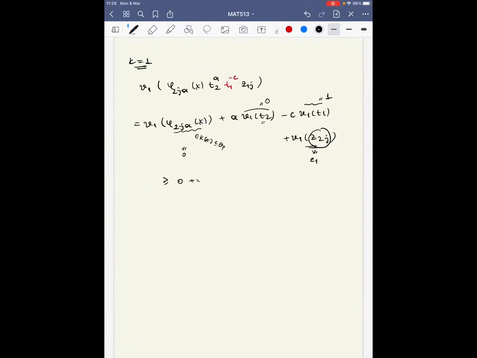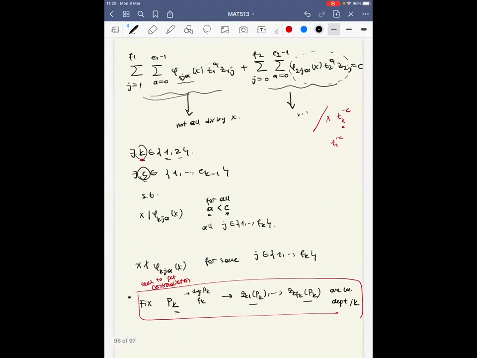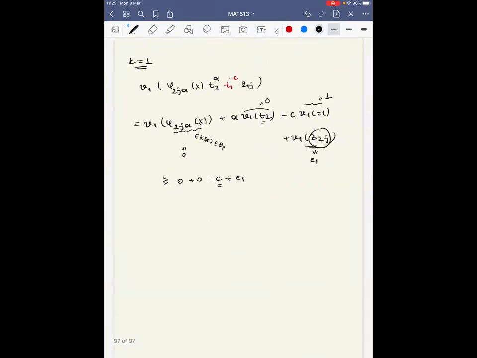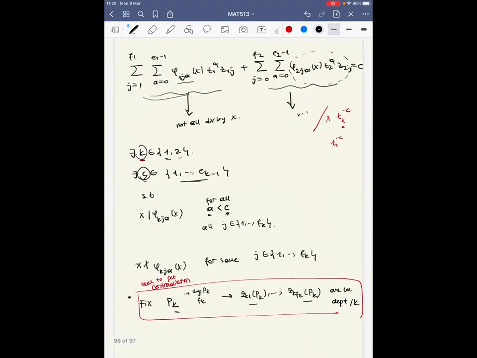Then we can see that since we have fixed this C between 1 and E1 minus 1, it is positive. So this shows that after multiplication by T1 to the minus C, this term belongs to the place P1.